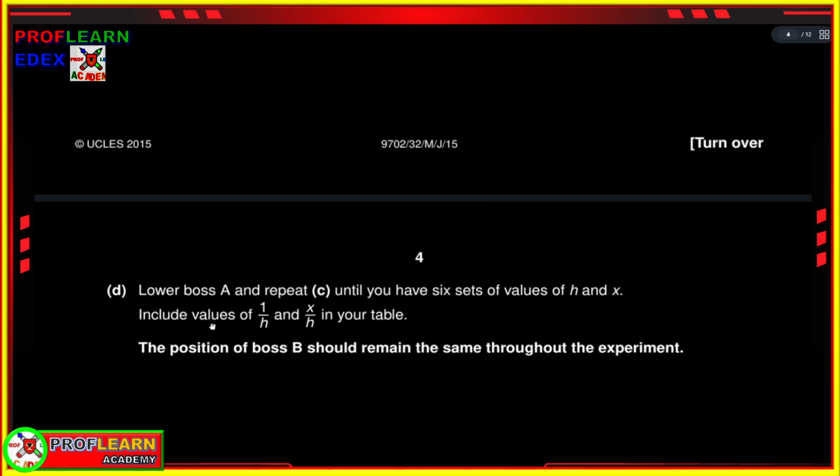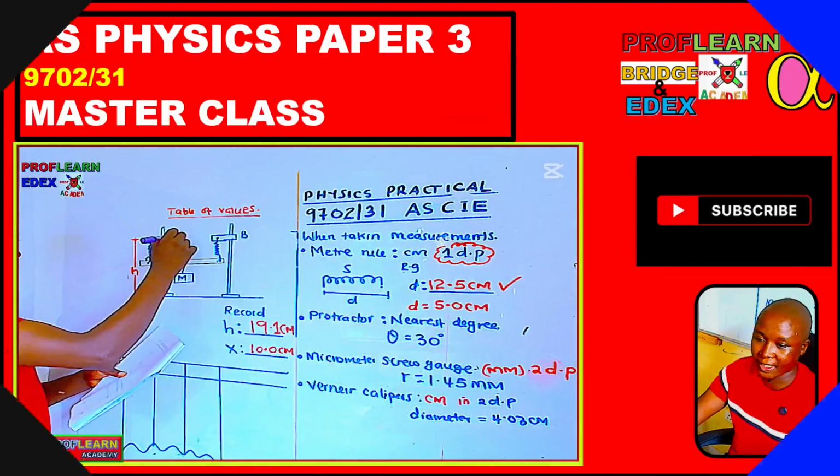We were told that. Now, include in your table 6 sets of values, and include 1 over H and X over H. That's why I'm still insisting that you always follow the table the way it's instructed there, so that you can have the entire data.